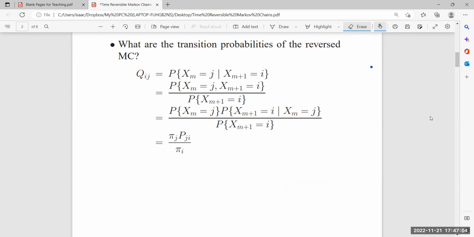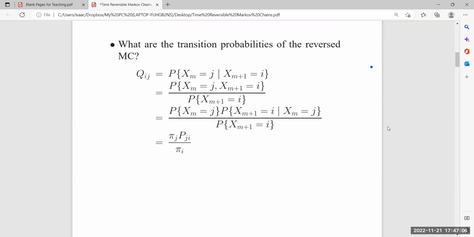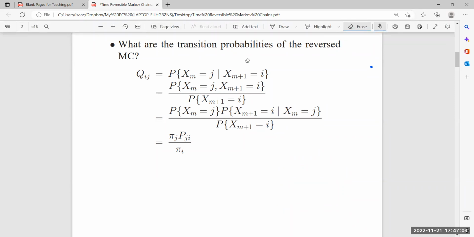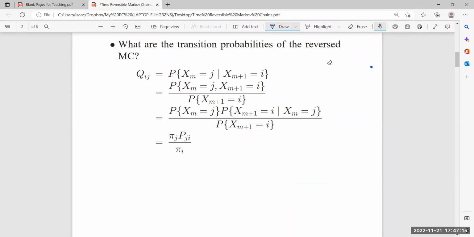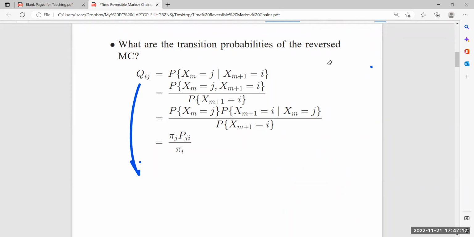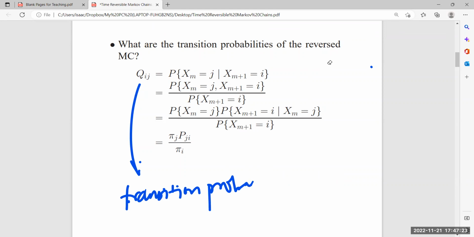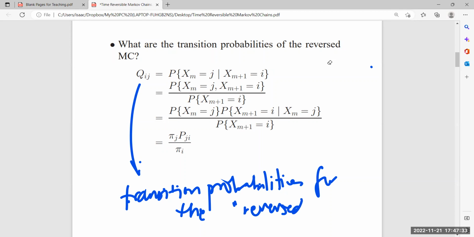All right. Okay, so let's look at the transition probabilities that we have here. This Q_ij is the transition probability for what we'll call the reverse Markov chain.